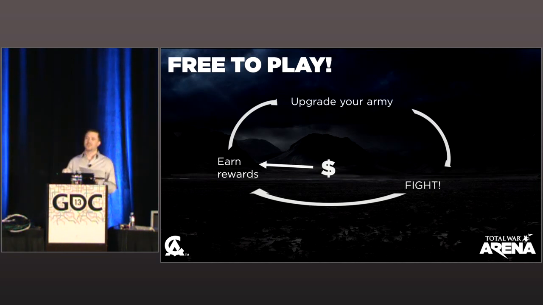So we want to focus on accelerators that allow faster progression up through the content. We want the vast majority of content to be available to all players free if they earn it. And we want well-balanced, exciting battles that have no free-to-play distortions, right? That's our goal. So we want to focus on rewards.